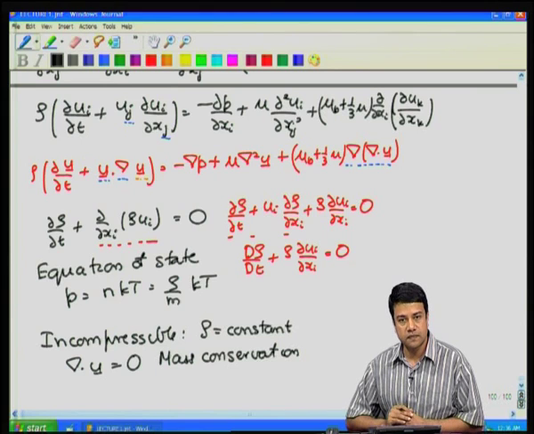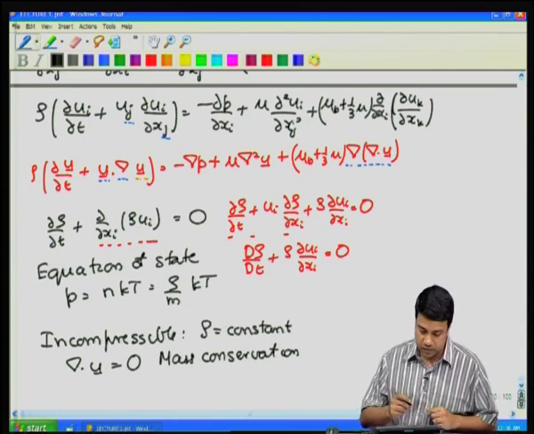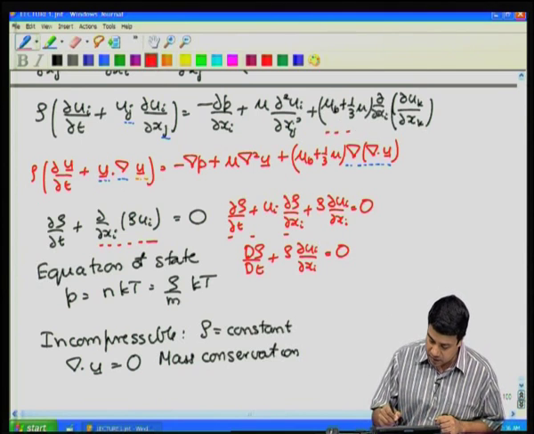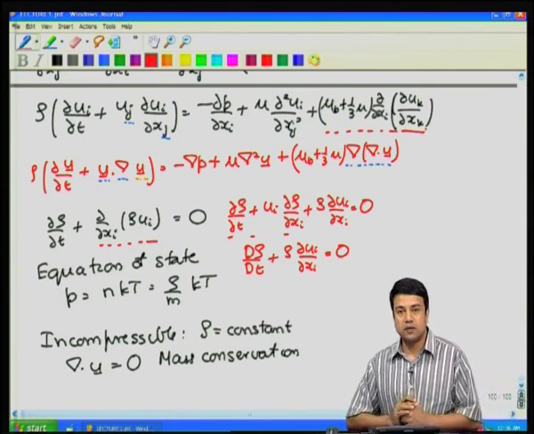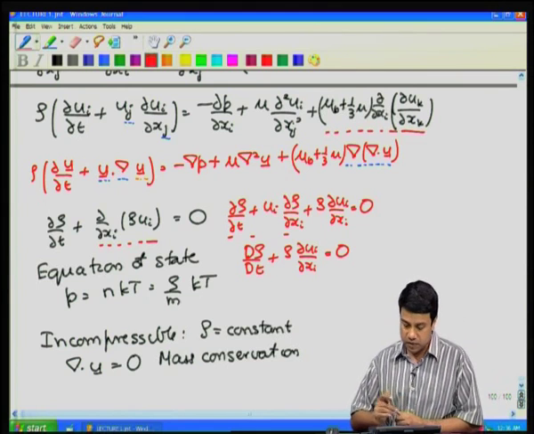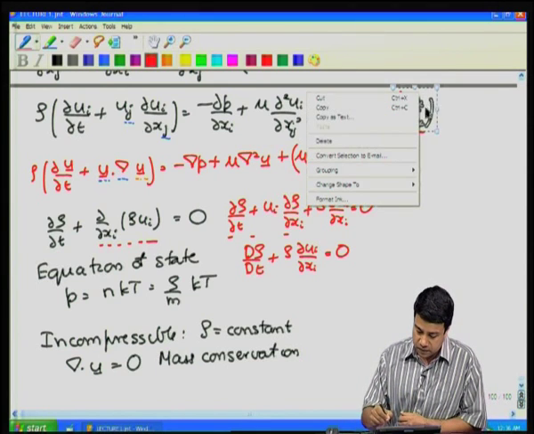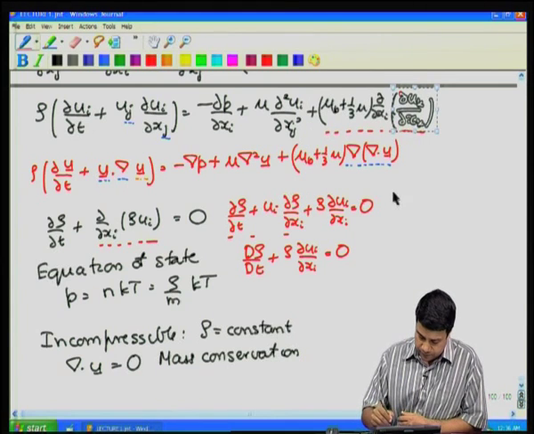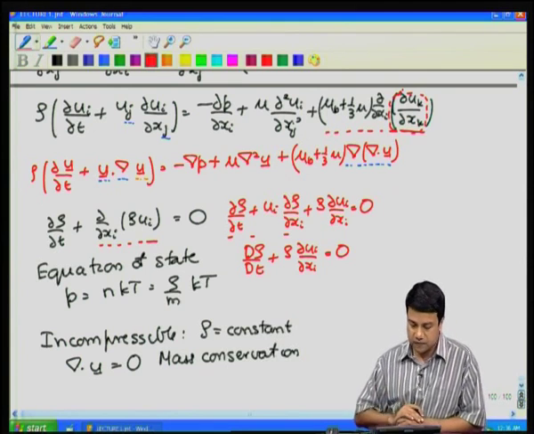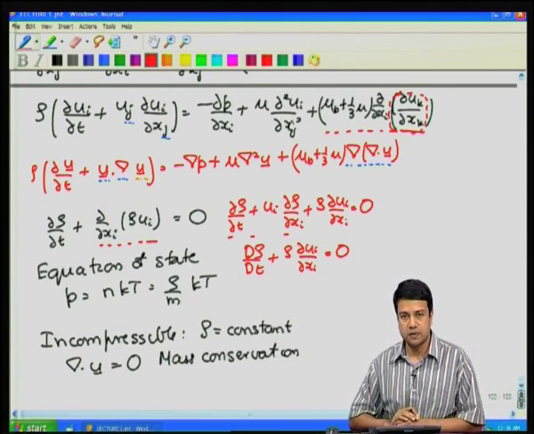And if the divergence of u is equal to 0, you can see that in this momentum conservation equation, there is this piece related to the bulk viscosity, which is proportional to the divergence of u, and that is equal to 0.